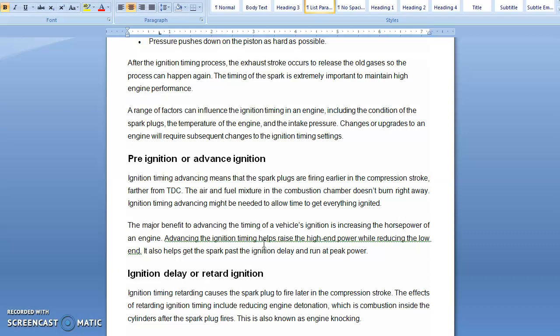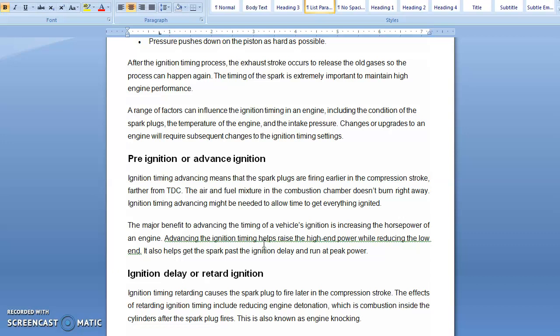Before that, during the movement from BDC to TDC, in that middle portion, if the spark plug ignites or the injector sprays diesel fuel into it, then it is simply named pre-ignition or advanced ignition.